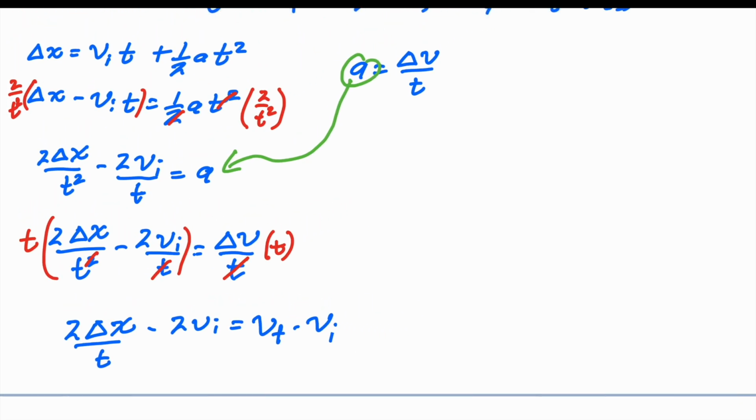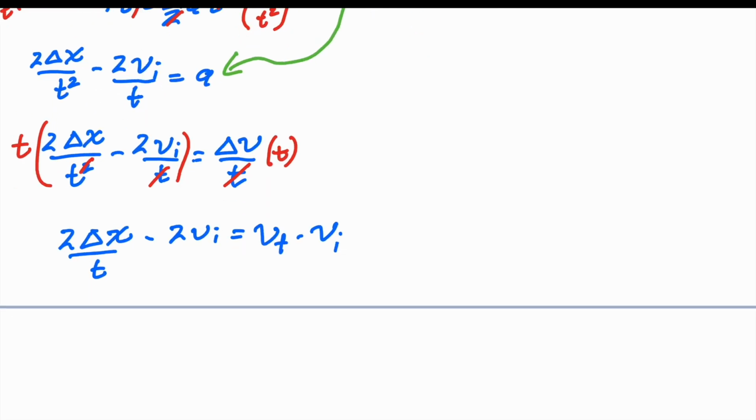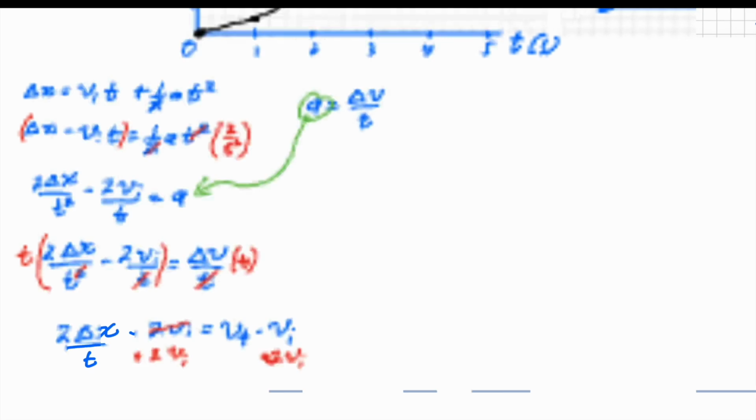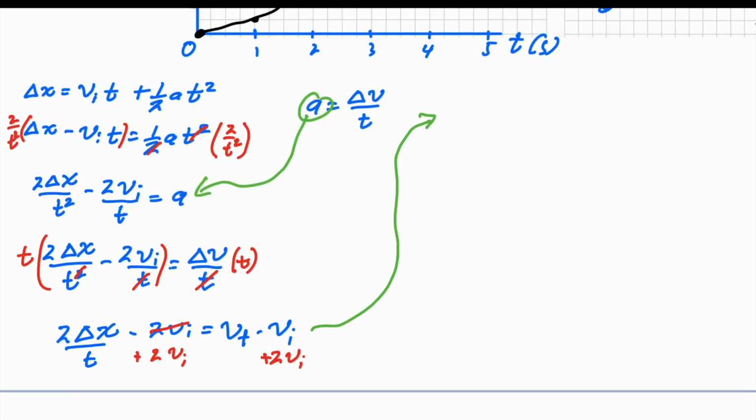Now, my next step. I'm going to add 2 vi to both sides. So that gets rid of this. And my new equation will look like this: 2 delta x over t equals vf plus vi.